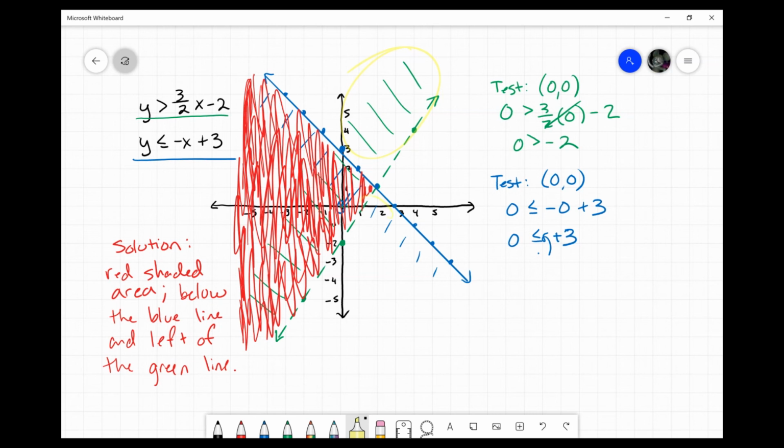Likewise, down here, that would be true for only the second inequality and not the first inequality. You have to be in the red shaded area to get any values that would work out for both inequalities.